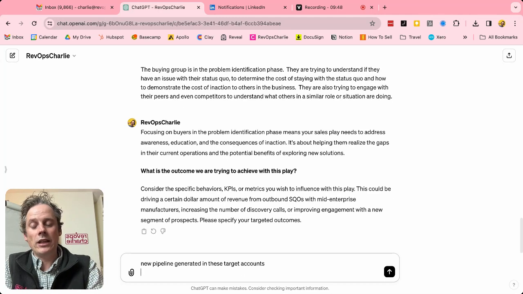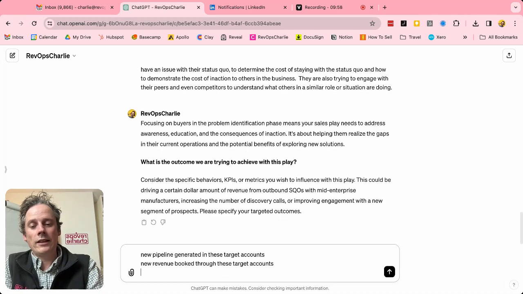It's going to be definitely new revenue booked through these target accounts. It's going to be new logos that are booked through these target accounts, or from this play, through this play, I should say.